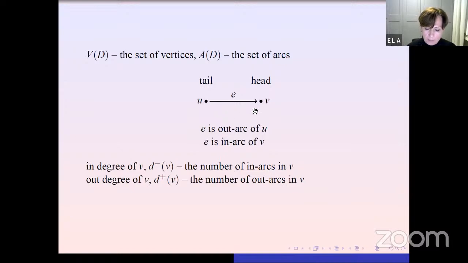An arc is a pair of two vertices. The first vertex of the pair we call the tail of the arc, and the last vertex is the head of the arc. And if the arc e joins u and v, then e is an out arc of u, and e is an in arc of v. The in degree of a vertex is the number of in arcs, and the out degree is the number of out arcs.